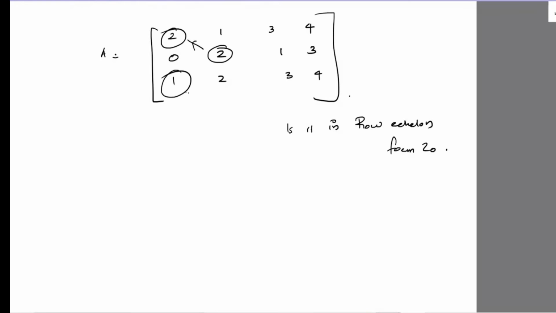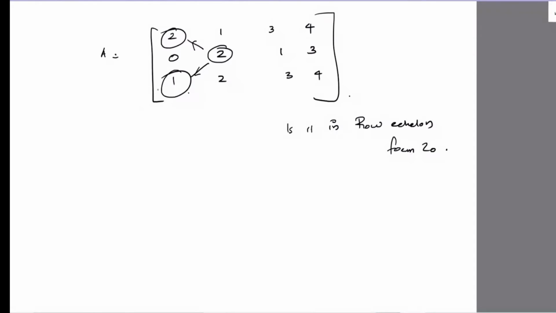But the third leading coefficient is 1. So the second leading coefficient is not ahead of the next one. Ahead means it must be on the left side of the next leading coefficient. So the first is ahead of the second, but the second is not ahead of the third.